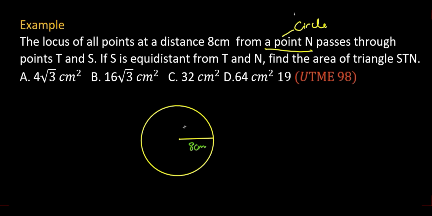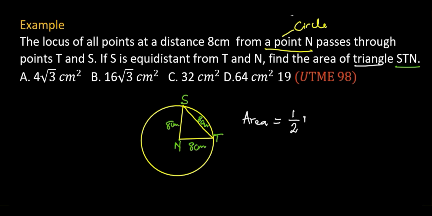Remember that S and T are on the locus, meaning they are on the circumference of the circle, so we put S and T there. We have also been told that S is equidistant from T and N, meaning SN is also equal to ST. So we have the equilateral triangle STN, meaning that all the sides are equal to 8 centimeters.